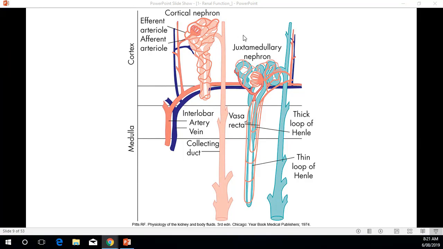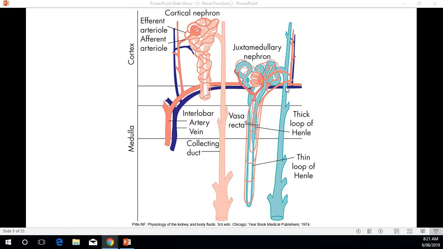Second type of nephrons, which are less in number, are called juxtamedullary nephrons. These nephrons again begin in the cortex but a bit deeper. But if you look at their loop of Henle, it goes very deep into the medulla and then comes back up.